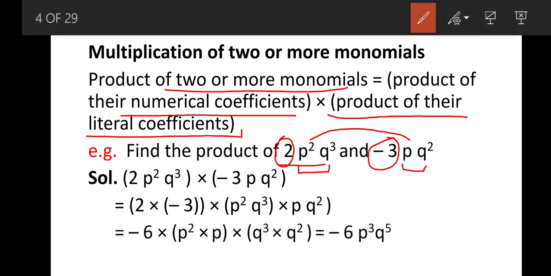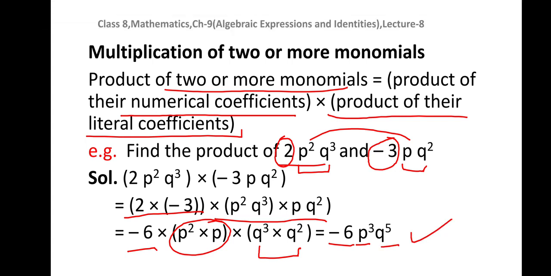Here, 2 into minus 3 gives minus 6, and these two give p raised to the power 3: first is p square into p raised to the power 1. The base is the same, so powers will add up. So, it will be p raised to the power 3, and q raised to the power 5. So, this will be your answer.